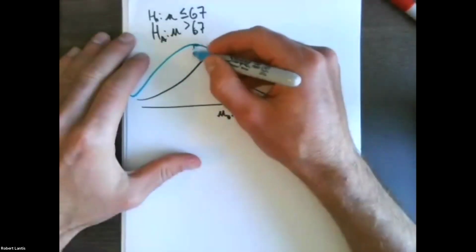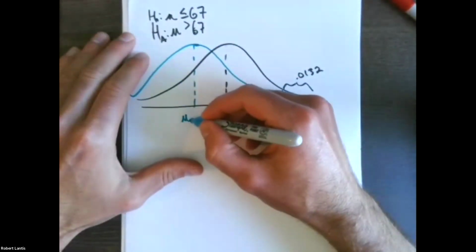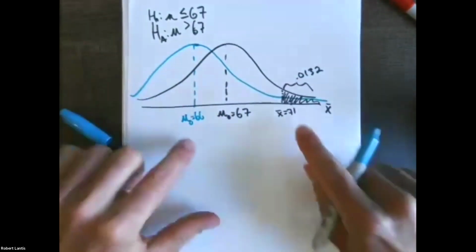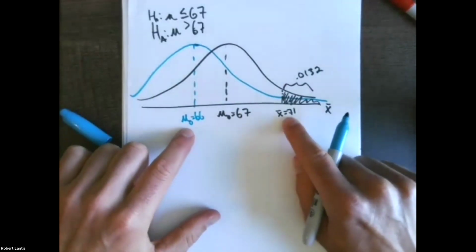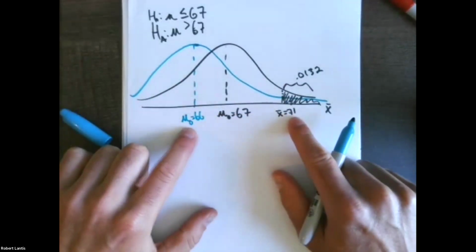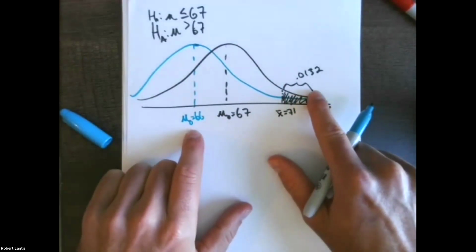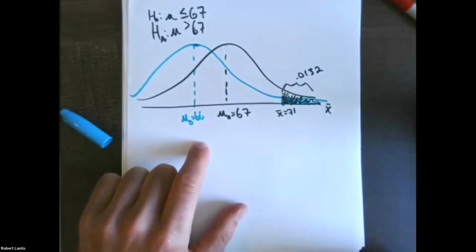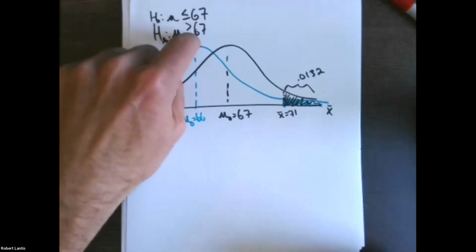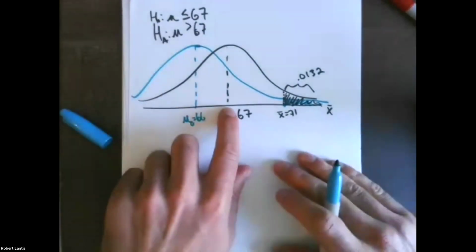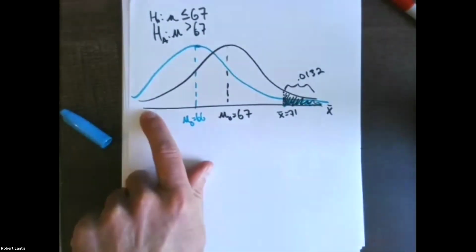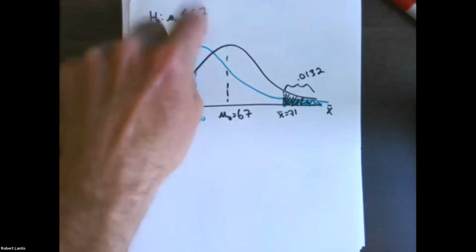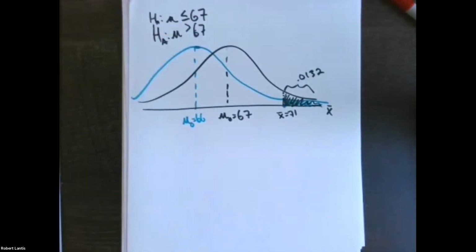But notice, if now I'm assuming it's 66, finding the same sample mean, that evidence is going to be even further from the assumed true mean, which means my p-value is going to be even smaller now. So if I can reject 67, I know that I can reject every other value in that range. So that's why we only use the cutoff value there.